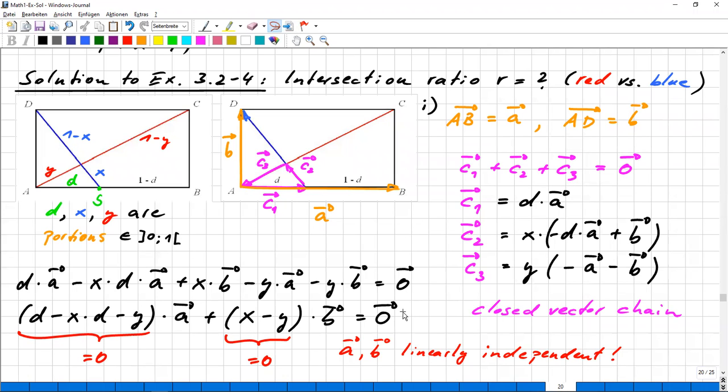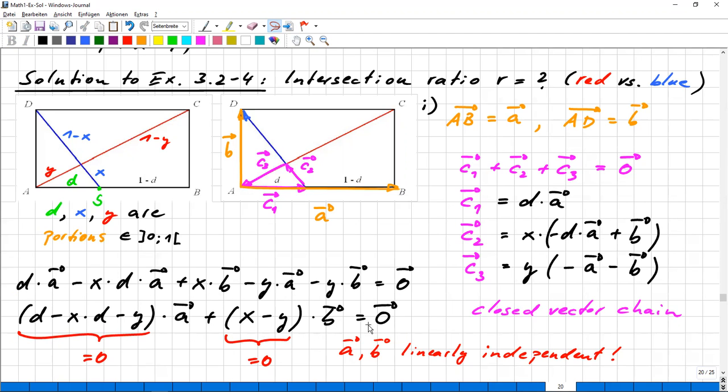Now comes the real, you could say, funny part. Although this still is a true closed vector chain, now it looks as if it were some scaling factor times vector a plus some other scaling factor times vector b.